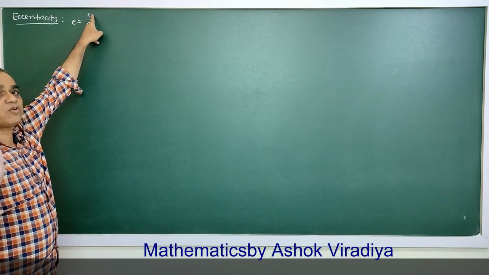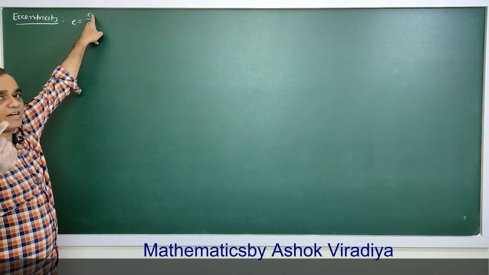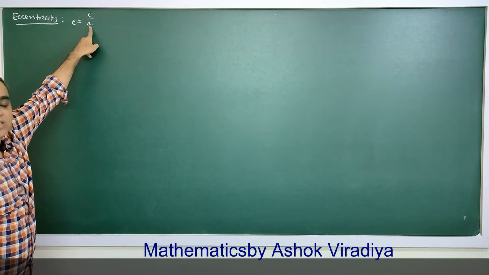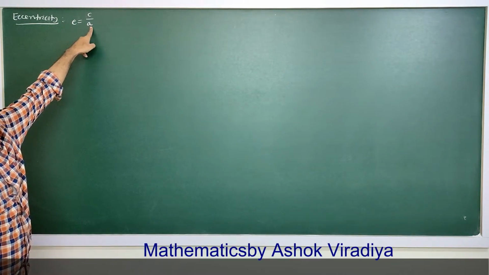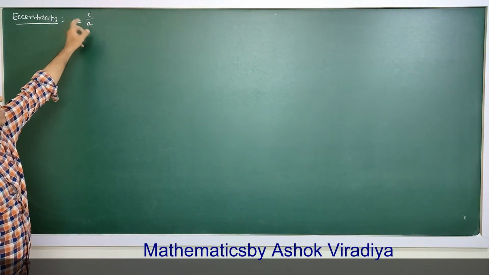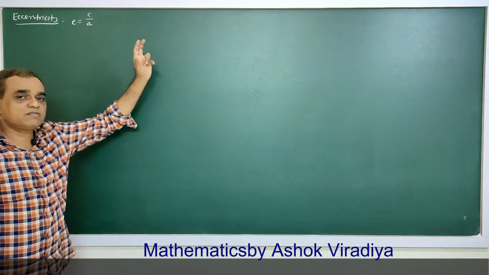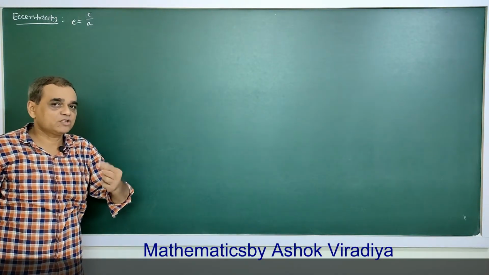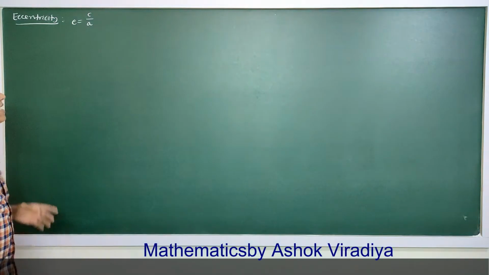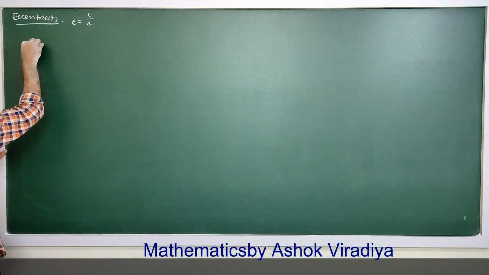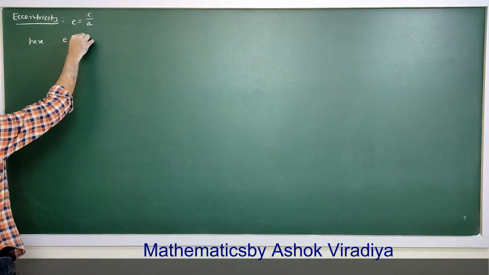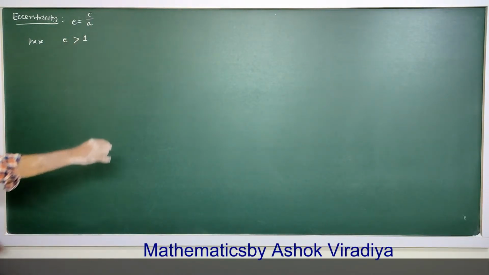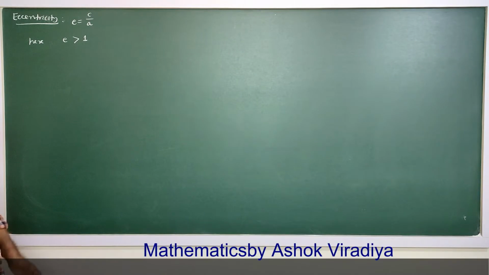It is the distance of any focus from center, and A is the distance of any vertex from center. So the definition is the same as it was in ellipse. In case of hyperbola, the value of E, this ratio, will always be more than 1.